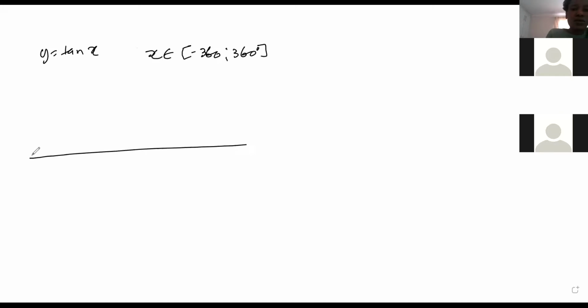So let's look at the tangent. y is tan x. So if we say the domain is between minus 360 and 360 degrees, we've got 1, minus 1, 90, 180, 270, 360, minus 90, minus 180, minus 270, minus 360.